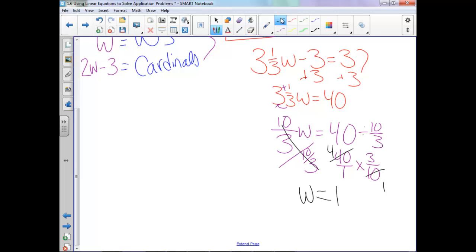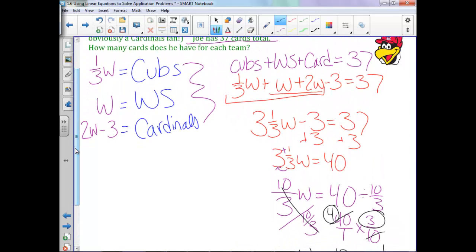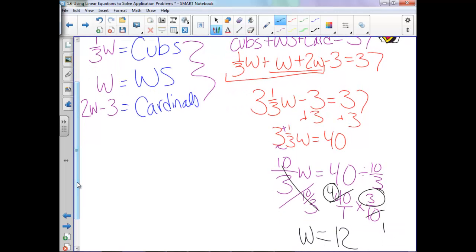So W equals 12, because it's 4 times 3. So now our question was asking, how many cards does he have for each team? This means, since our W was 12, he's got 12 White Sox cards.